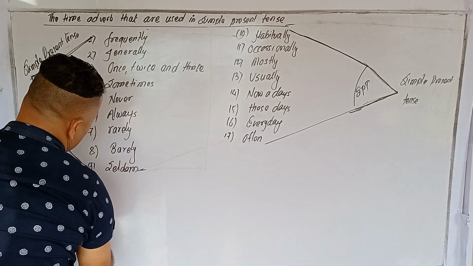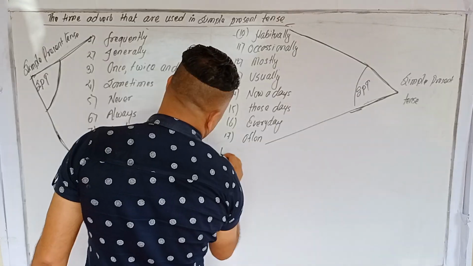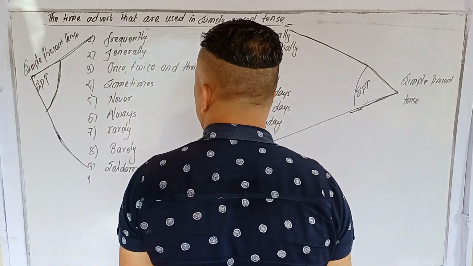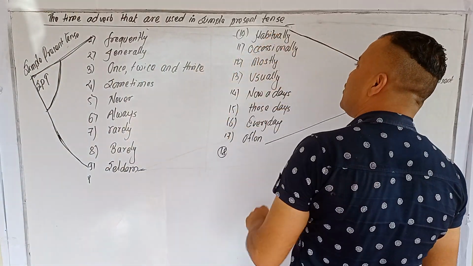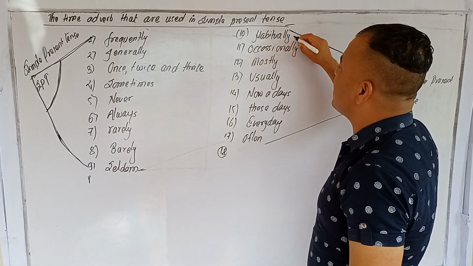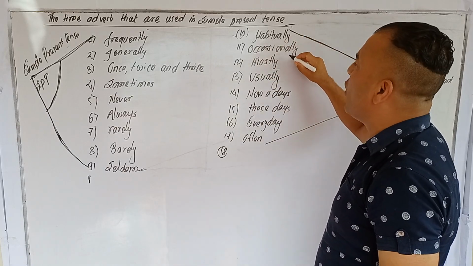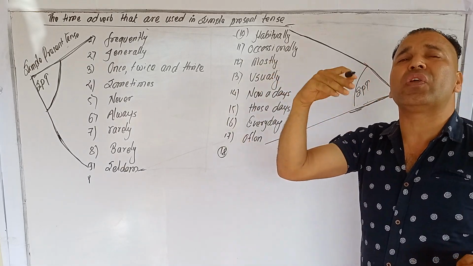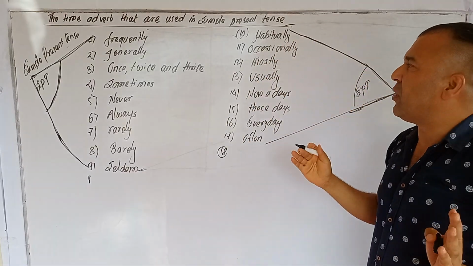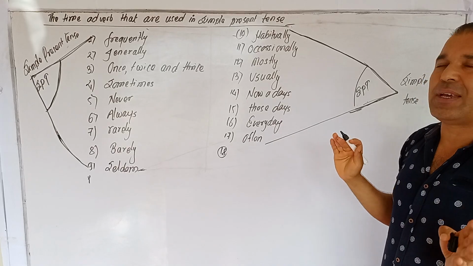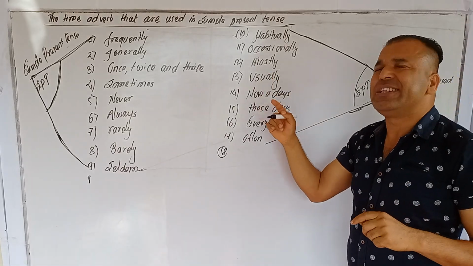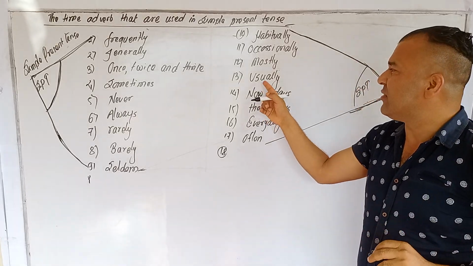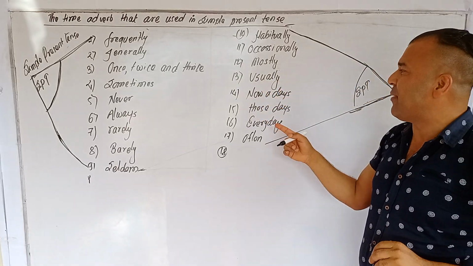Habitually depends upon habit. Occasionally, sometime, mostly, more than 50%, around 70%. Mostly, usually around 90%. This is usually the gravity of the time.